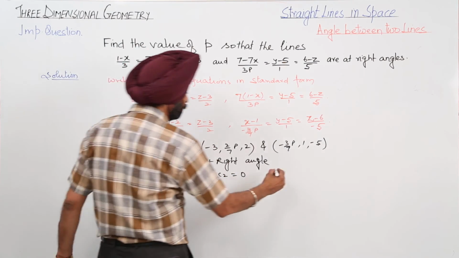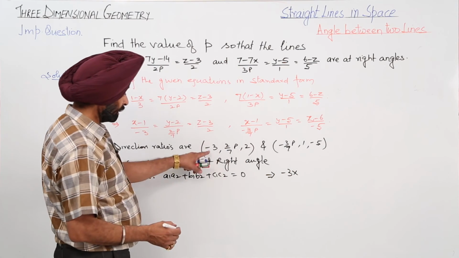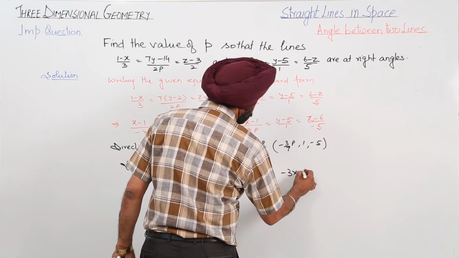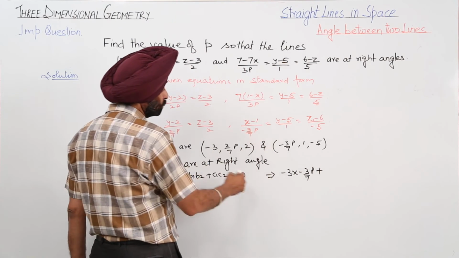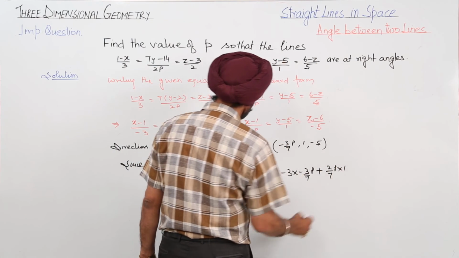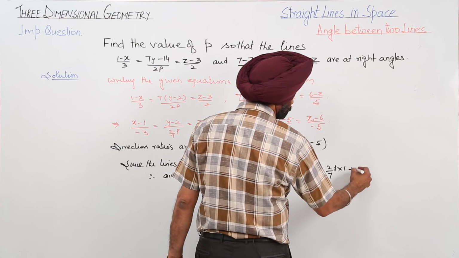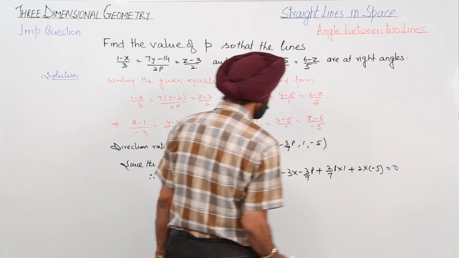Now we are having minus 3 times minus 3/7p plus 2/7p times 1 plus 2 times minus 5 is equal to 0.